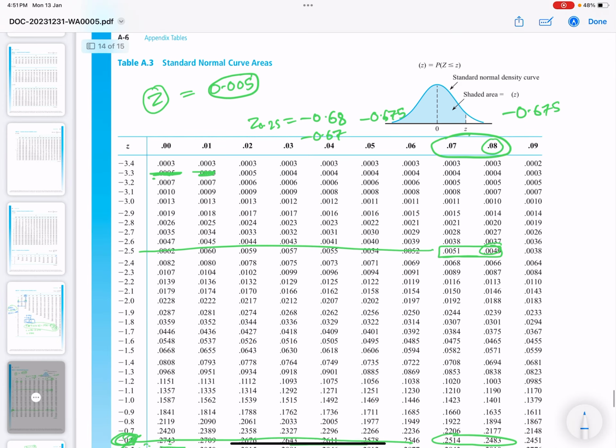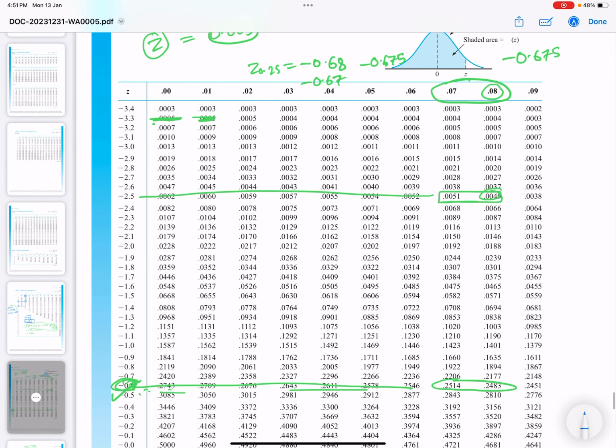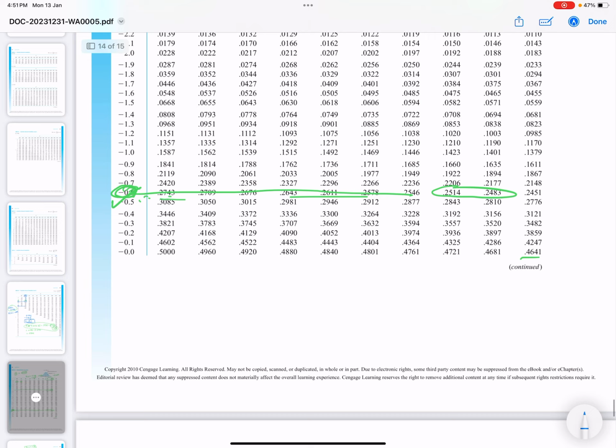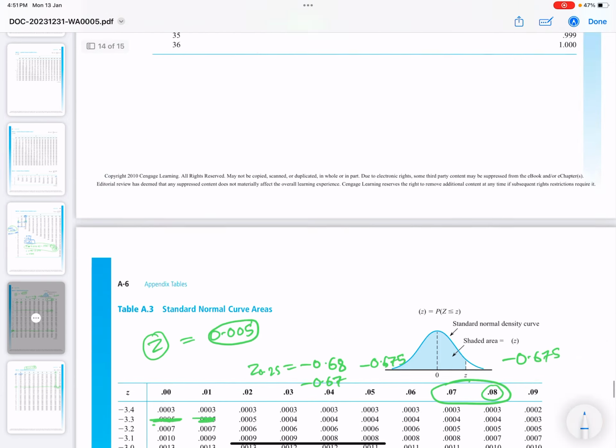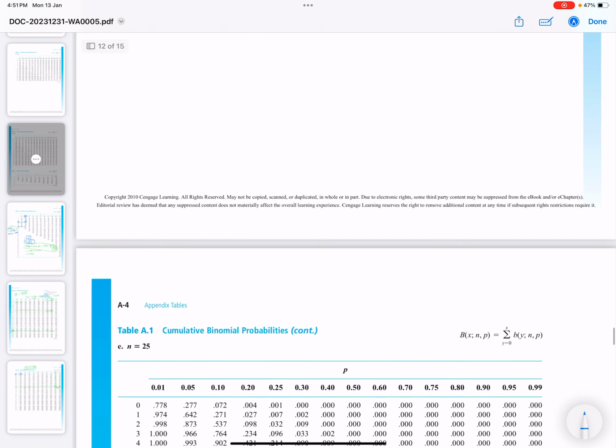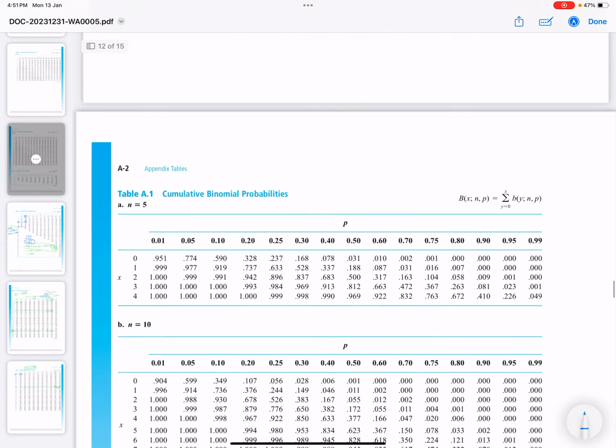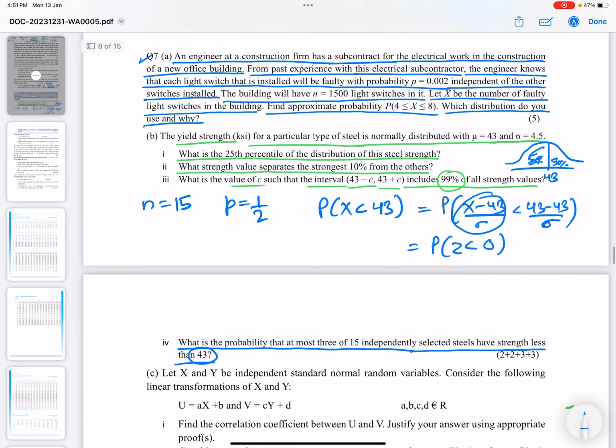This is the standard normal distribution only. When z is 0, this is 0.5. Okay, so the probability is equal to half. So we have done this.